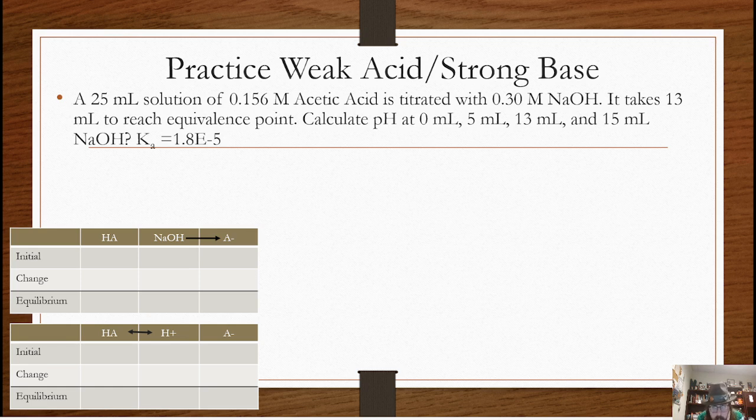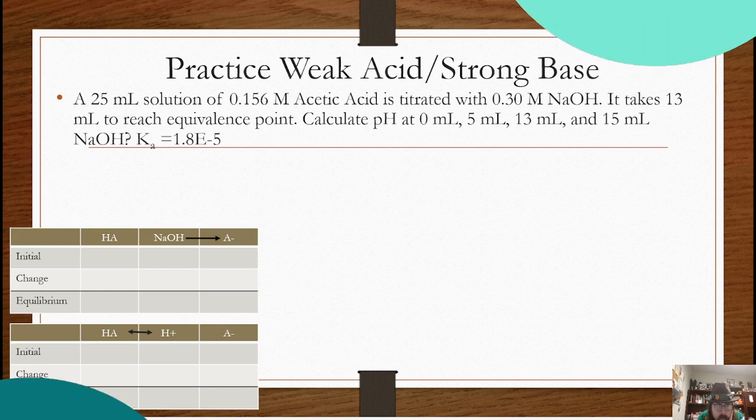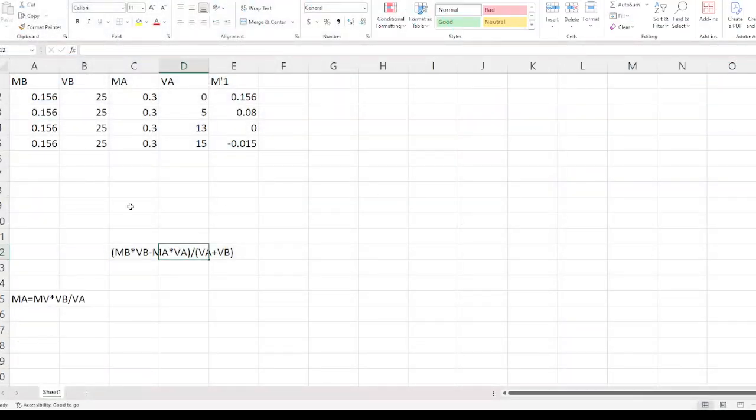Okay. Now that I have that set up on Excel, we don't have to do this, but now we have to take into account our other things. So I'll just say the H plus. H plus, if situation one, H plus is going to equal the square root of Ka times HA.